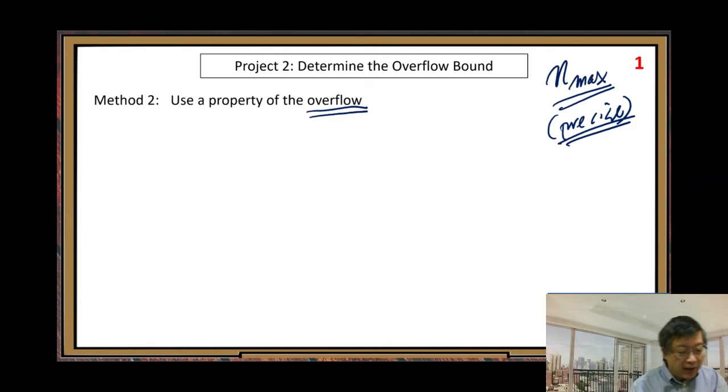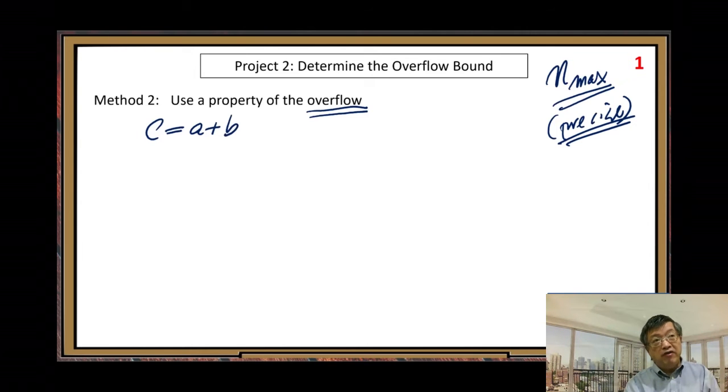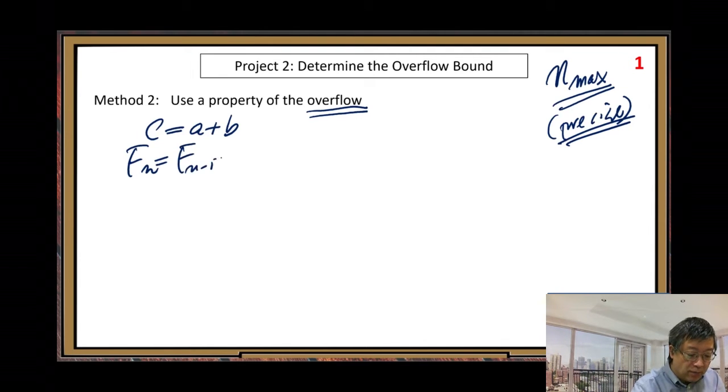To understand that, we need to start with the basic overflow caused in an operation. Here, let us consider addition, C equals A plus B. In our Fibonacci, we have the operation Fn equals Fn minus 1 plus Fn minus 2.